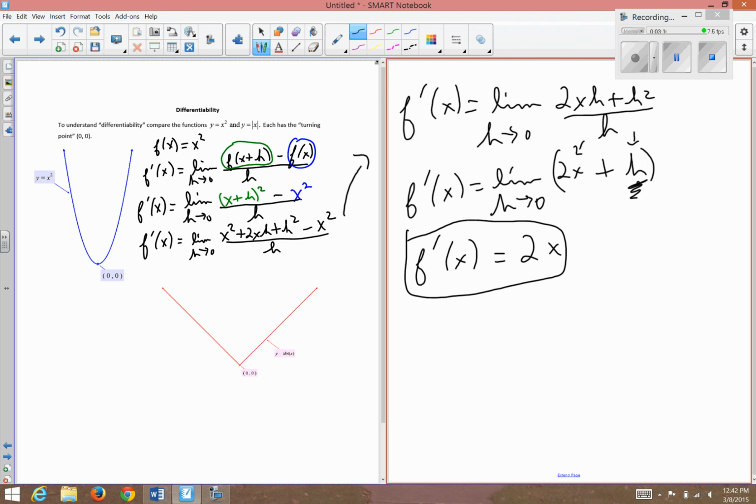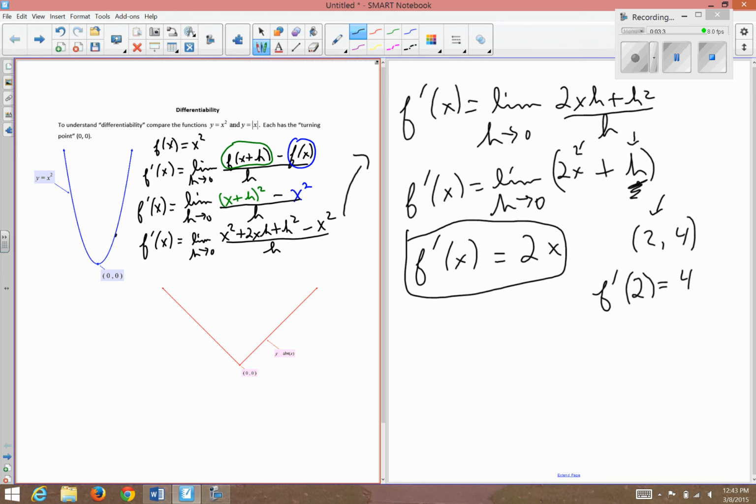For example, if you pick the point 2, 4, which is on this blue graph, the derivative at that point is 2 times x using this x. So about over here, if we make a tangent line at the point 2, 4, it would be a line with slope 4.